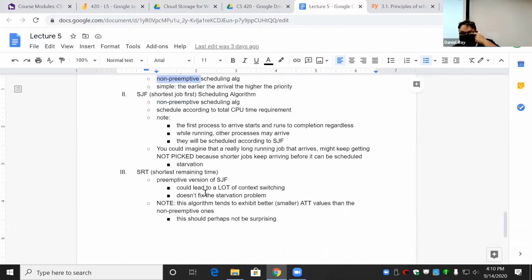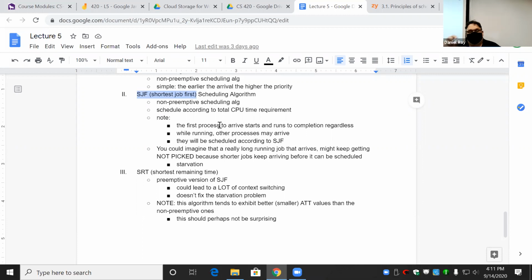All right, let's look at our first preemptive scheduling algorithm, and it is shortest job first, except it's the preemptive version. Shortest job first is non-preemptive, which means that even when a shorter job arrives, it doesn't do the context switch until either the job running is finished or it goes to blocked.